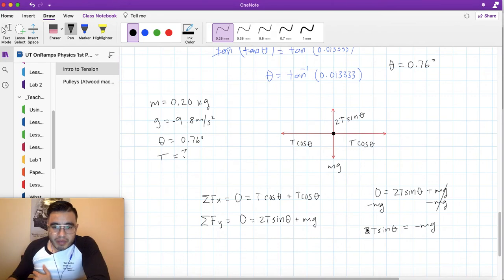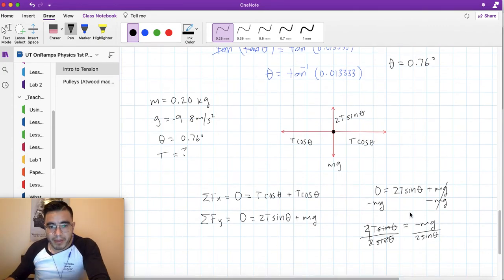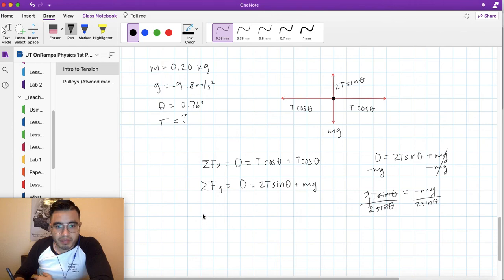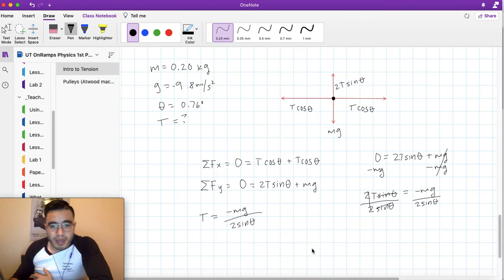So I need to get rid of the 2 and the sine theta. The relationship between 2T and sine theta is multiplication. So I do the opposite. So I divide by 2 sine theta. So I can get rid of this, this, and this. Let's do this on the right side as well. And my final equation says that the tension on each side of the cable is negative mg divided by 2 sine theta.